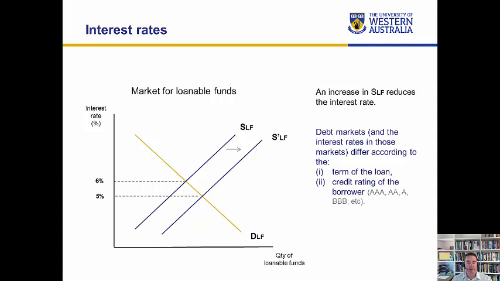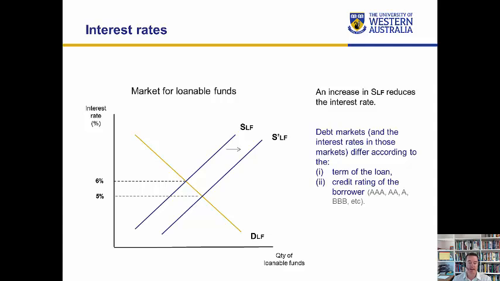Now, what I've drawn here is just one particular market. In the real world, there are thousands of different debt markets, and they differ depending upon the term of the lending. Some lending is as short as 24 hours, some lending as long as 30, 40, 50 years. And then the second way they differ is the credit rating of the borrower.